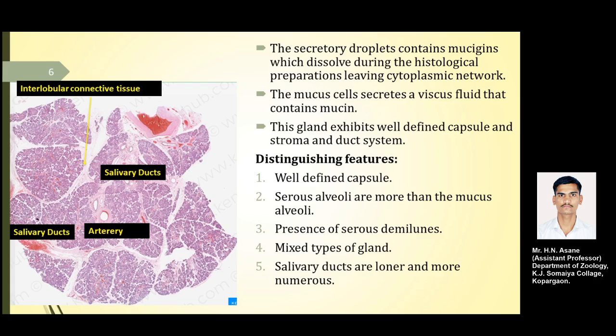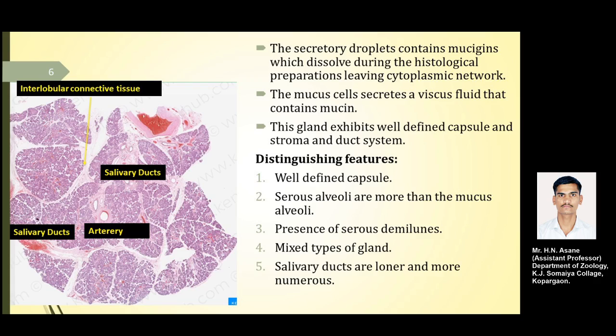You can see the salivary ducts and the arteries which provide the blood supply for these salivary glands, as well as the interlobular connective tissue which provides stability and support for these lobules of the salivary glands, which are interconnected. These glands exhibit a well-defined capsule and stroma, and the duct system is present in these salivary glands.